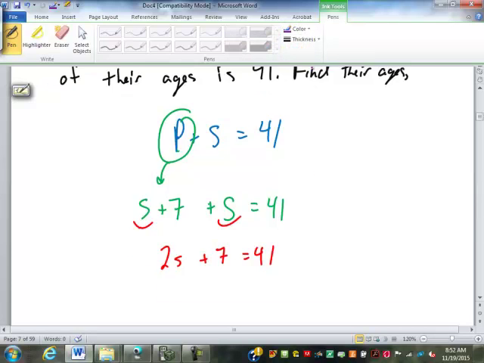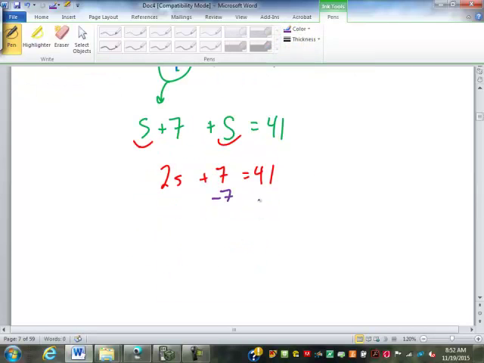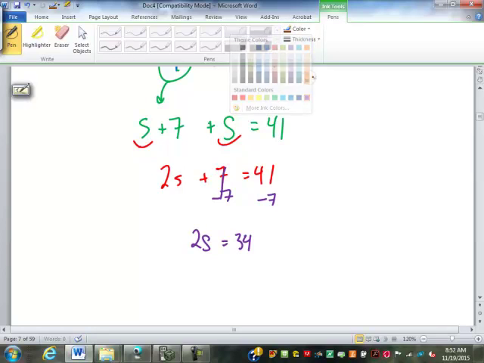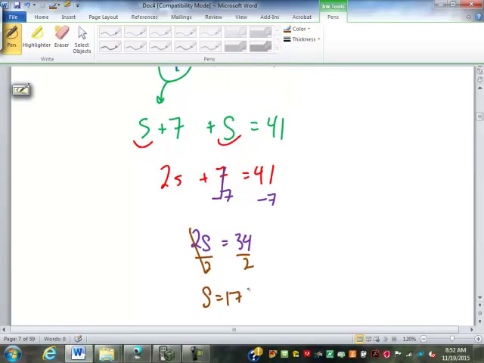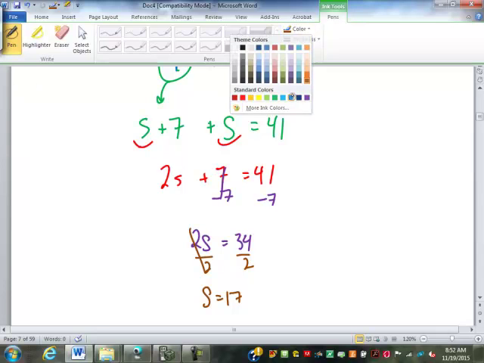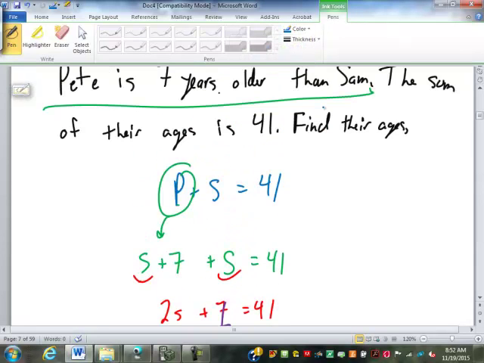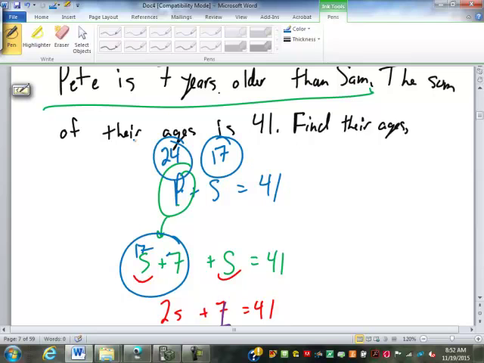And then we solve. So we subtract 7. 2S equals 34. And we divide by 2. S equals 17. And then, of course, Sam is 17. That's S. Pete is 17 plus 7, or 24. Make sense?